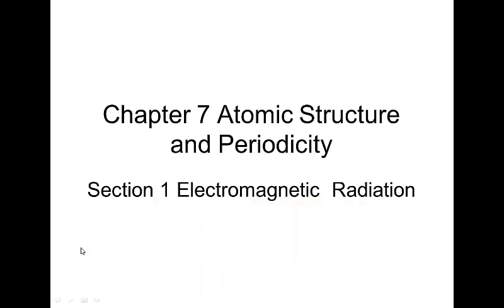So the first part we're going to do is electromagnetic radiation, EM for short, which basically stands for all light. Any light: radio waves, microwaves, gamma, X-rays, all forms of light, radiant heat, all that kind of stuff.